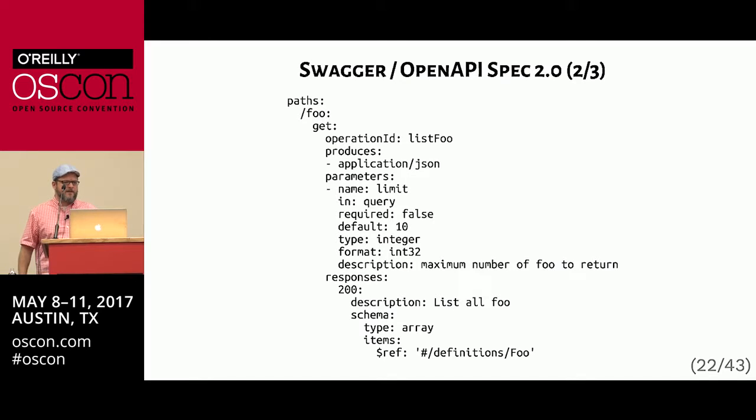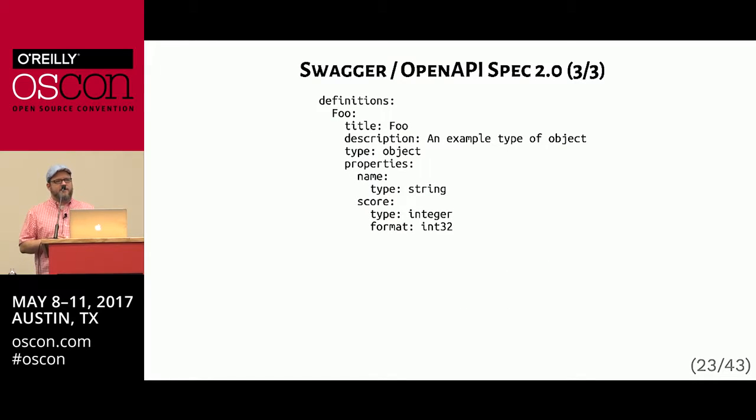That's another thing that the specification allows, defining common objects once and then reusing them in the spec. In this case, this foo object is used multiple times in the spec and just referenced with that ref tag. The full version of this is on that example site, so you can see the full spec, but that was just a snapshot of the important parts.